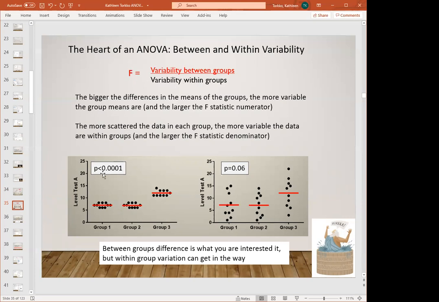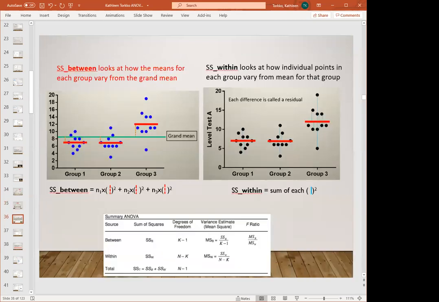That's why here the P of your ANOVA test is highly significant, compared to this case, where you would say our data do not support a conclusion that there is a difference between the groups. This is where I got my ANOVA: it is a very elegant and very simple way. Whoever thought this up was a genius. And I had my eureka moment in finally figuring out what between and within variability meant.